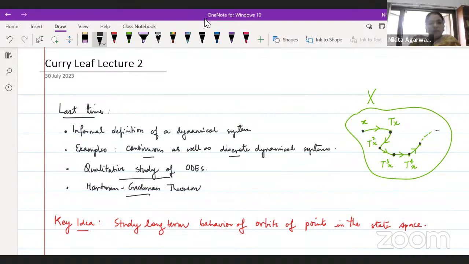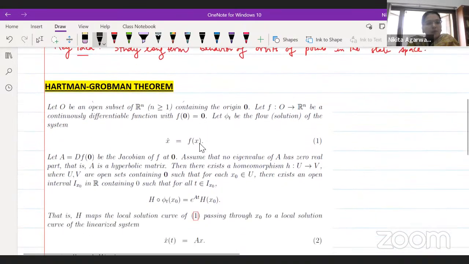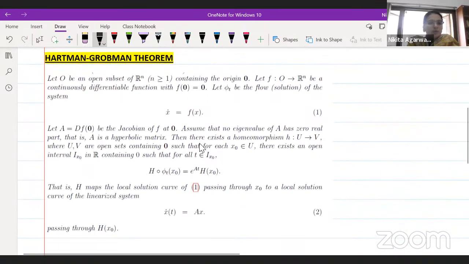So we'll come to that, as I said, in this lecture. So let me remind you of Hartman-Grobman theorem from last time, because this is going to be the starting point for today's lecture, and then we will move to discrete dynamical systems. So let me recall what Hartman-Grobman theorem states.